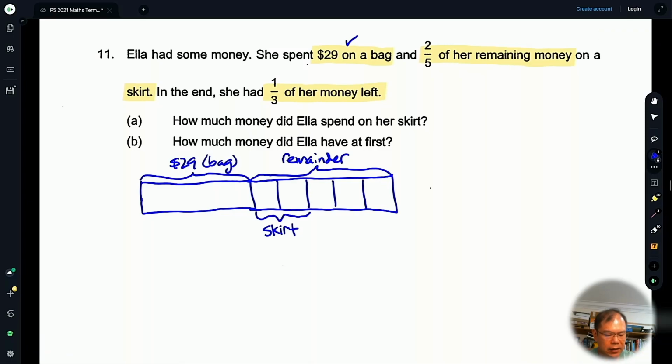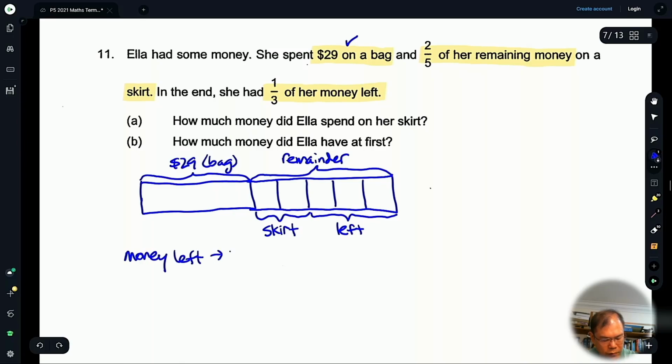Now in the end she had 1/3 of her money left. So in this case, this is the money left after spending on the bag and the skirt. Now how many units of money is left? Three units. Okay, and 3 units is what? 1/3 of the money.